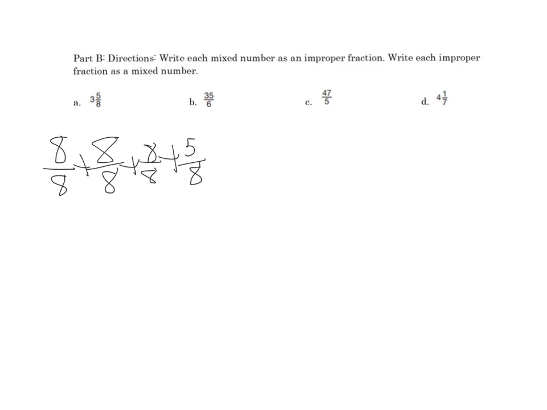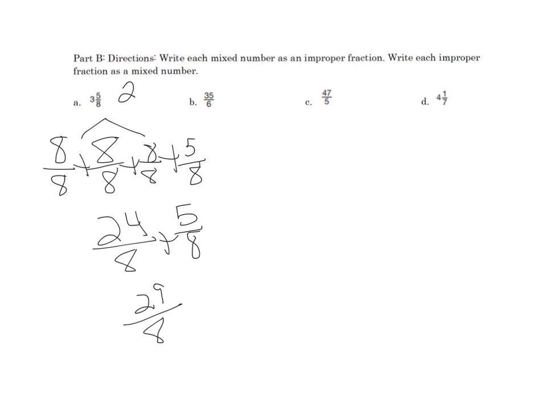So one way you could see this is thinking, oh, I have 8 times 3, which gives me 24 eighths, plus the 5 eighths would give me the 29 eighths. That is one way to think about solving mixed numbers.